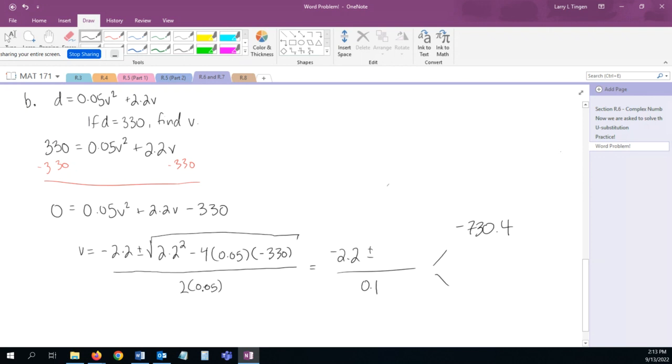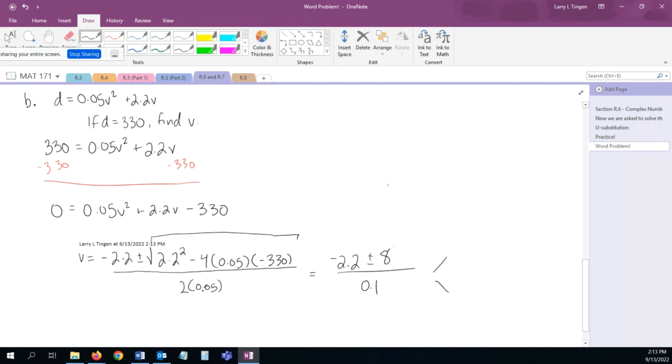That's why this is off. I tried to be clever, but then didn't show my work, and it cost me. Sorry, that's 70.84, and then you take the square root, which is 8.42. Okay, so good call.